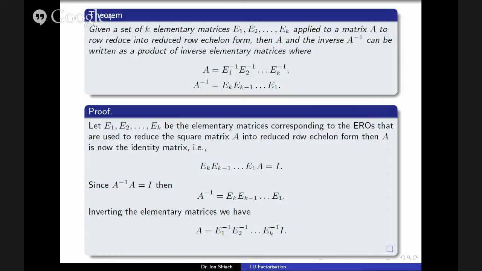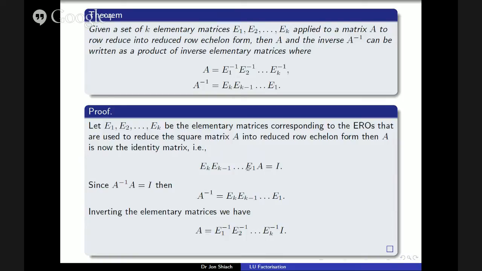By definition, if I row reduce A to reduced row echelon form, that means I apply row operations until I get the identity matrix. I've assumed it's going to take me k row operations to do that.